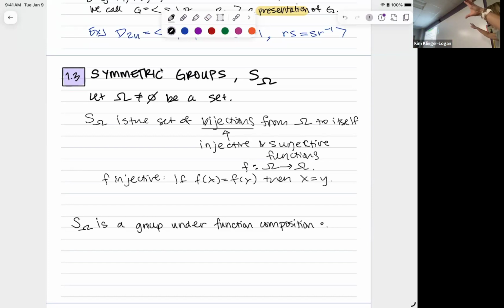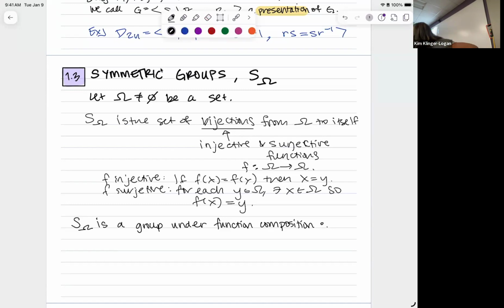So no two different elements are going to the same thing. And f surjective means that everything in the range is being hit. For each y in omega, there is an x in omega so that f of x is equal to y. Great.